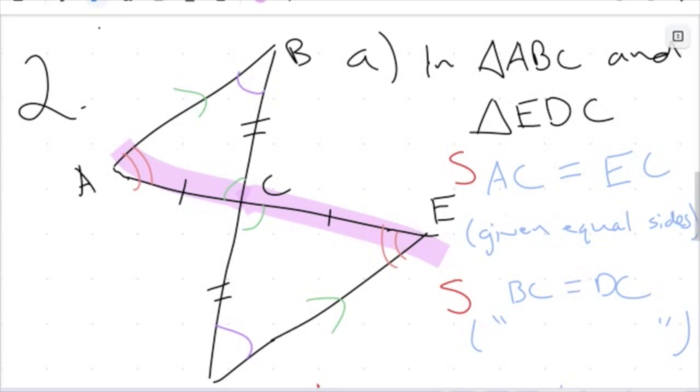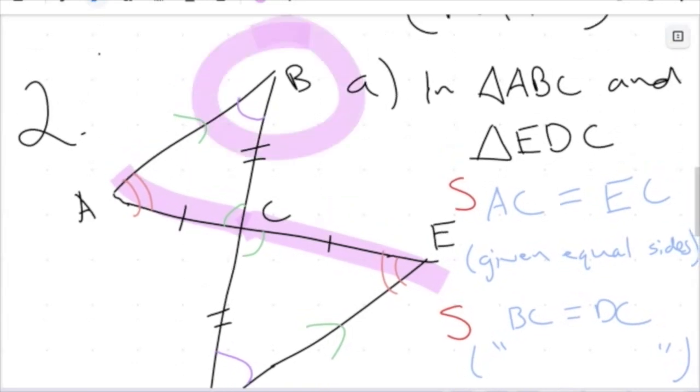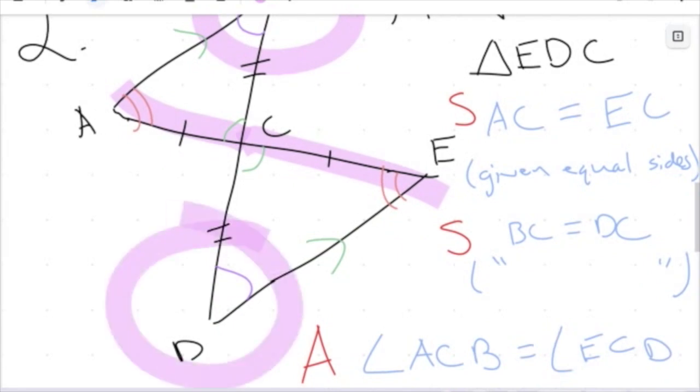When we talked about in previous videos, we talked about the angles of equal sides being equal, right? If a side, say AC, is a certain length and EC is that exact same length, this and this must be equal too.